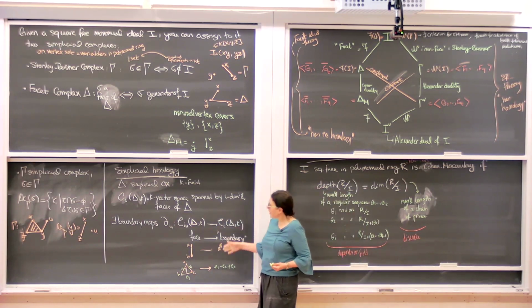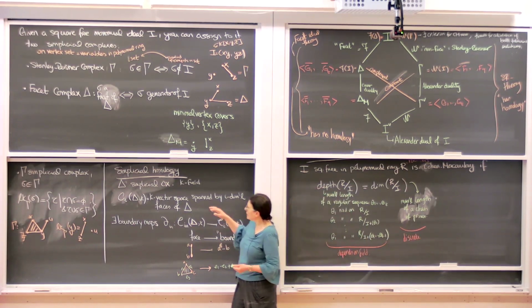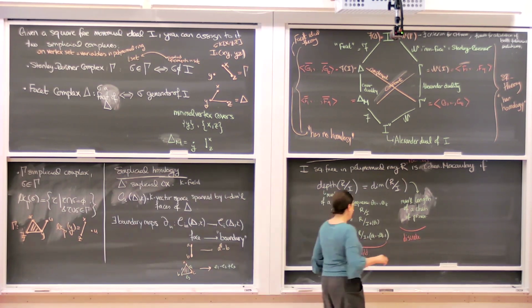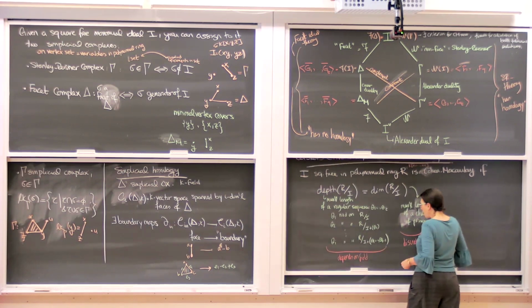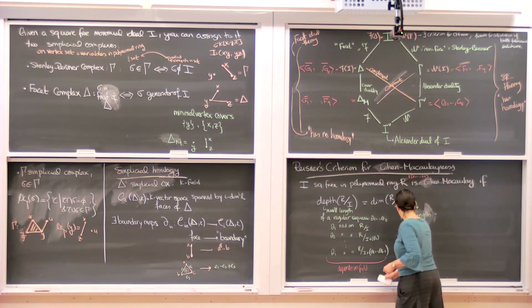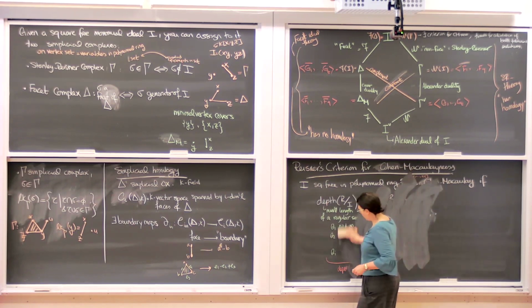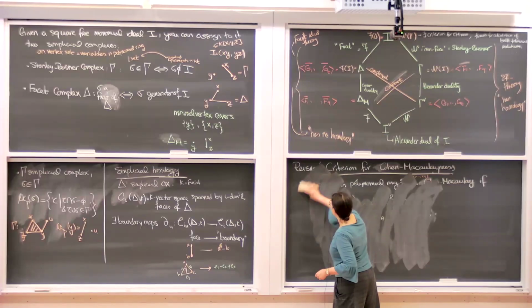Okay, so you just stick with that order. Okay, so these chain maps, this is actually going to give me some long sequence, and its homology, it's going to give me a simplicial chain complex.